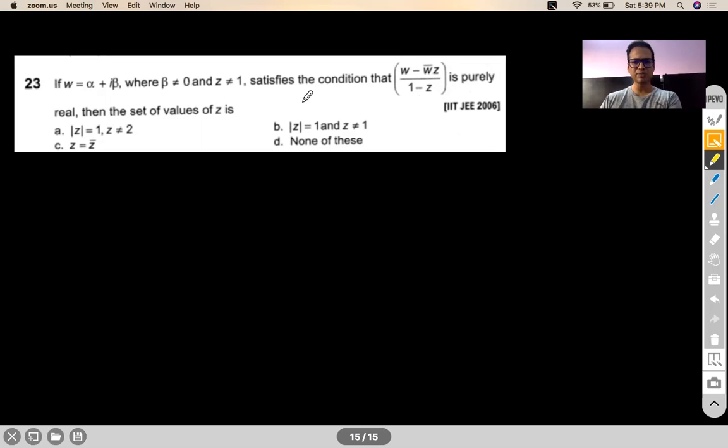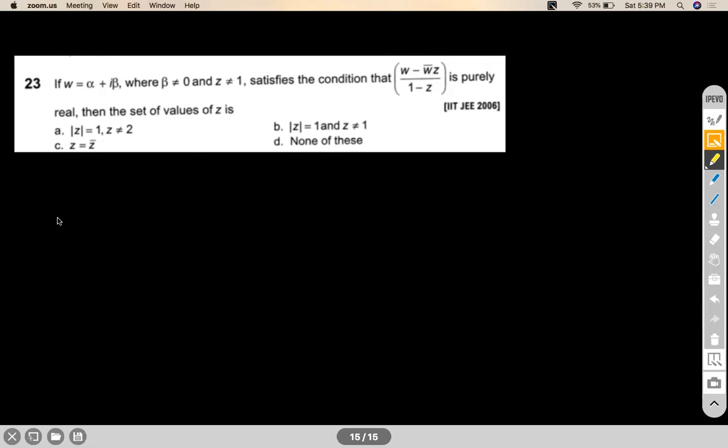Then the set of values of Z is. I don't know whether it is directly related to what we are doing right now, but let's solve it. It looks very interesting to me. So let's attempt this question. JEE 2006 question.